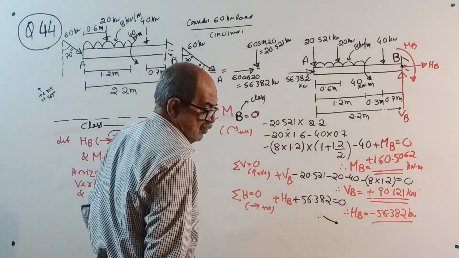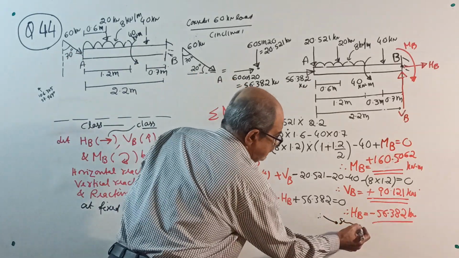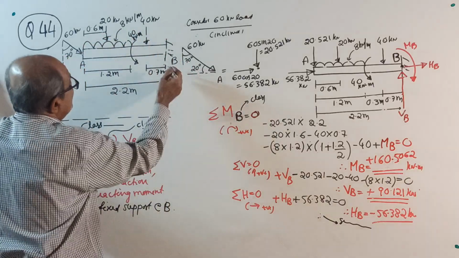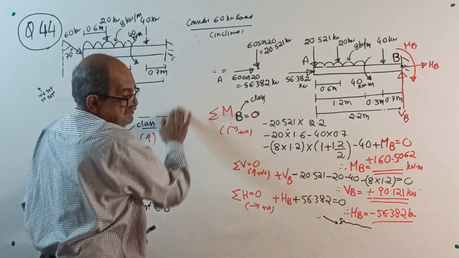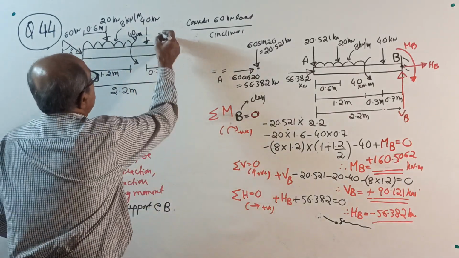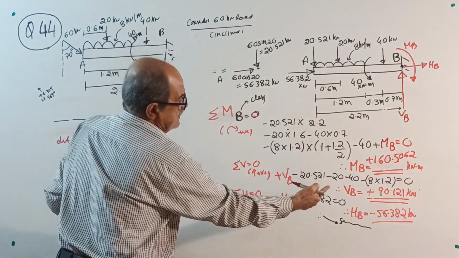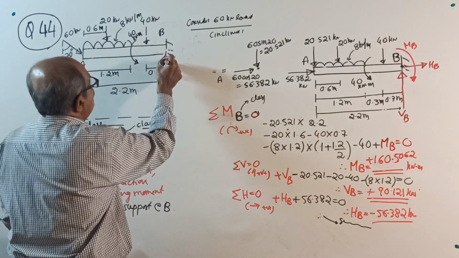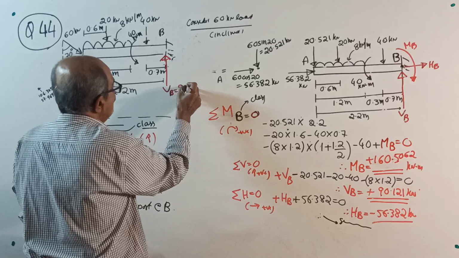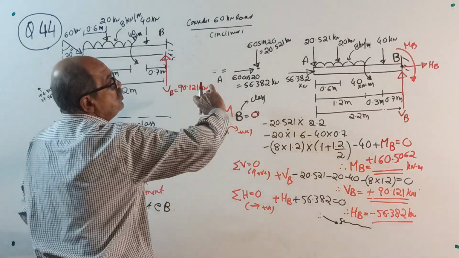Therefore, the closing part: support reactions will be as shown below. Write the sketch once again and enter the reactions. Now, very important, I told many times how to enter. VB, you took vertically up. Answer came positive, correct. So this is VB upward equal to 90.121, no plus minus now. HB, we took right side.